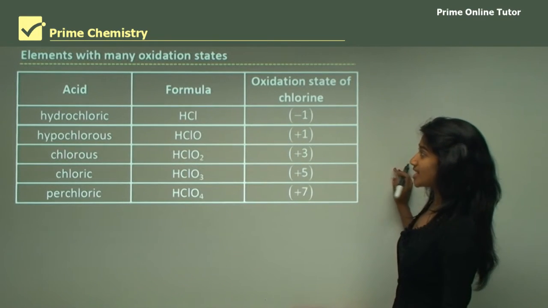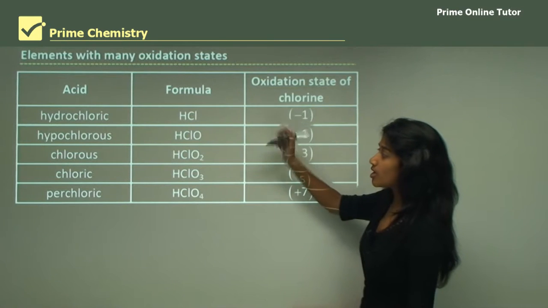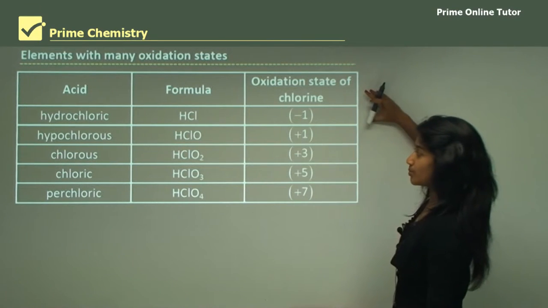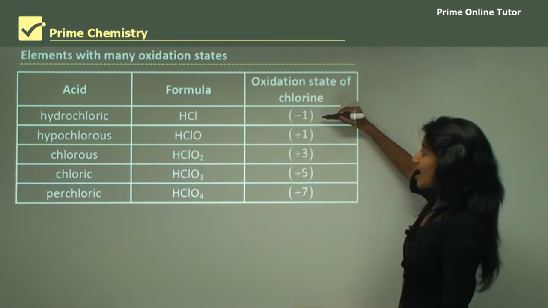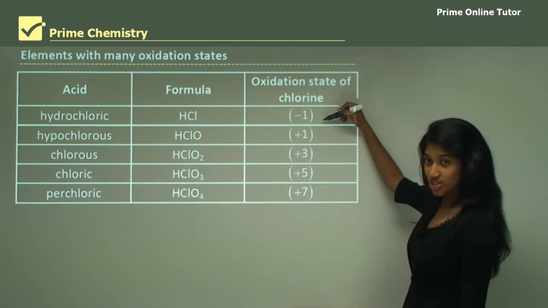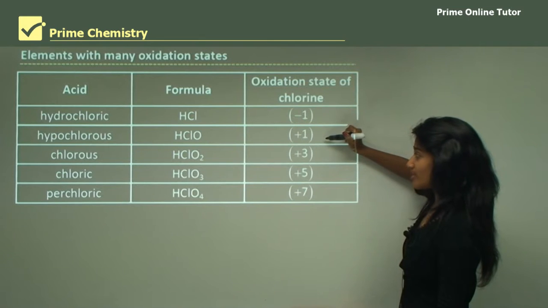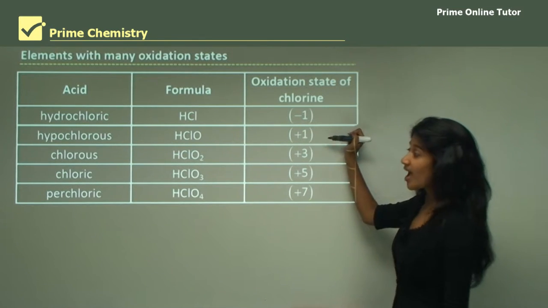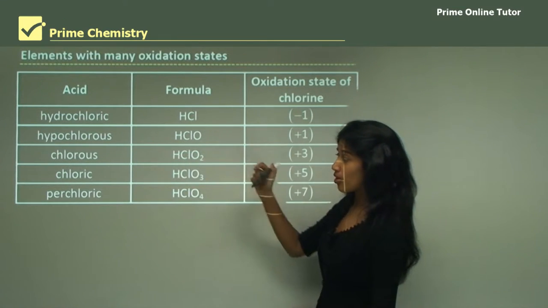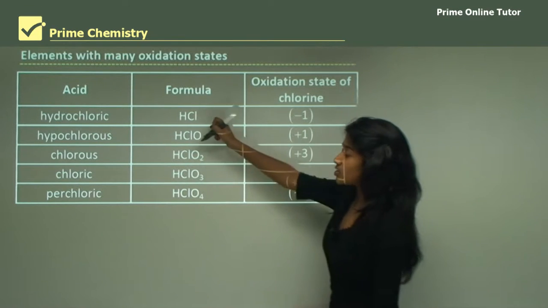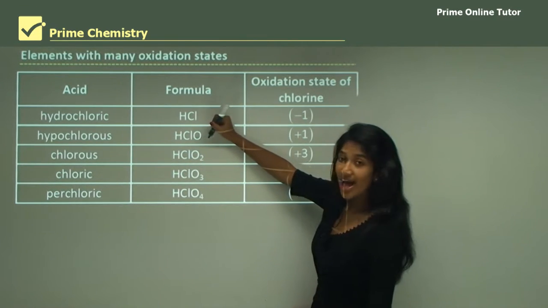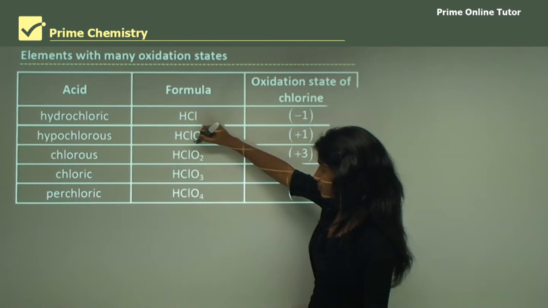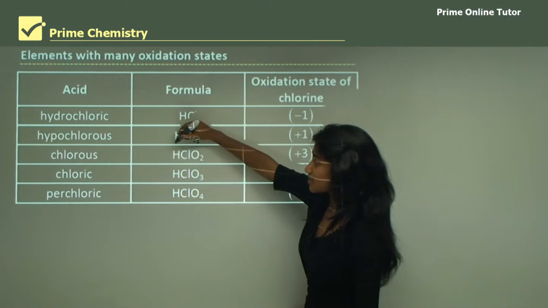Elements with many oxidation states, we looked at a few, but let's take this for example. We have chlorine in hydrochloric acid, having a -1 oxidation state. In this, however, it has +1, and that's in hypochlorous acid. To work this out, we know that oxygen here has a -2, and we know the hydrogen has a +1.